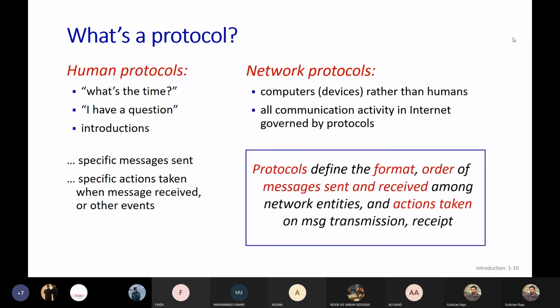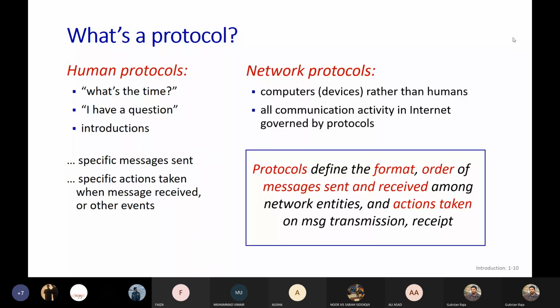Technically, by definition, protocols define the format and order of messages sent and received among network entities, and the actions taken on message transmission or receipt.